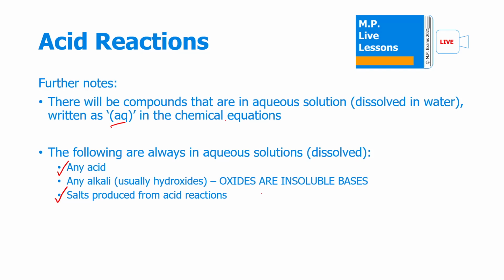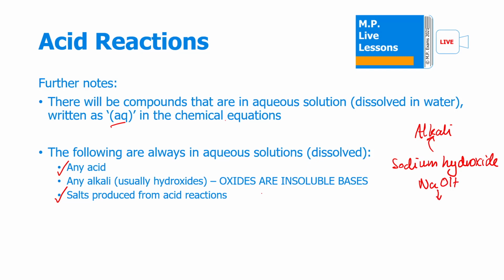Now, alkalis are a special type of base. These are the only ones that are soluble in water, and they're usually hydroxides at GCSE. For example, sodium hydroxide is an alkali. The formula is NaOH.